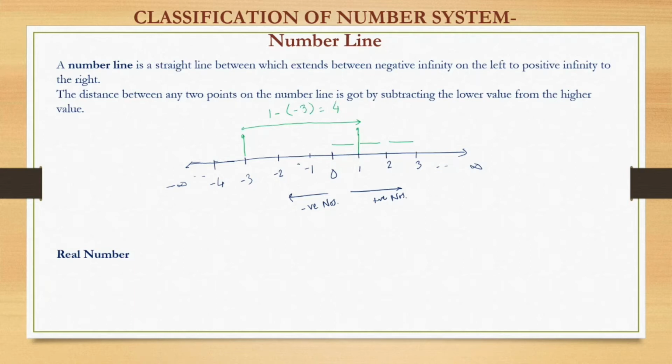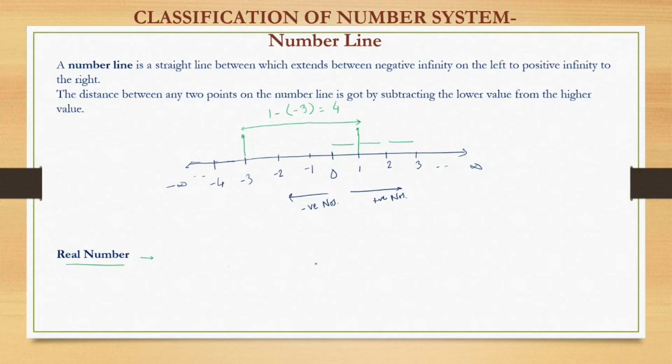So this is one of the properties. And the number line is used to represent all the numbers of the number system, the real numbers. Though we have seen the broader classification a while back, real numbers are those numbers which can be represented on a number line. It means all the numbers which can be represented on the number line are real numbers.